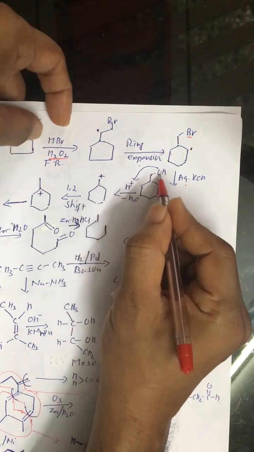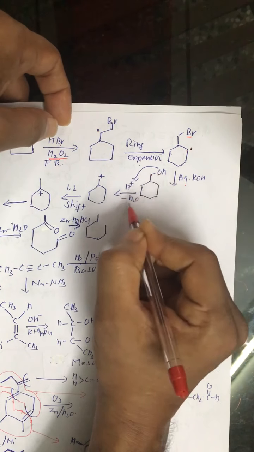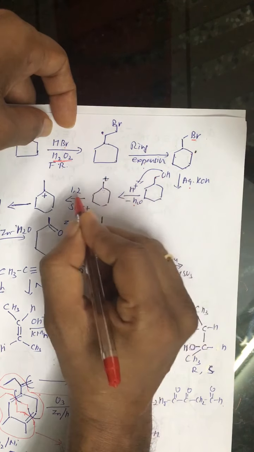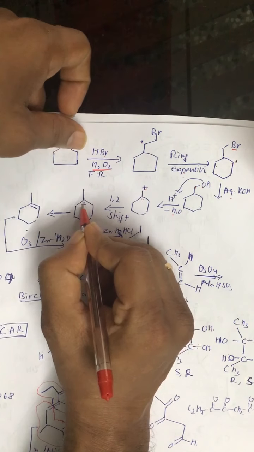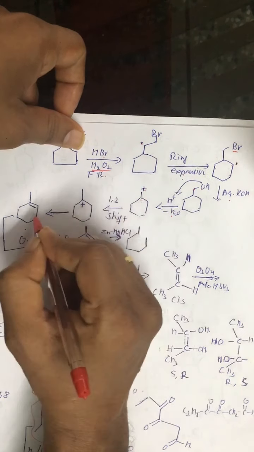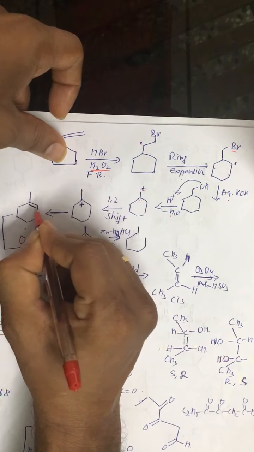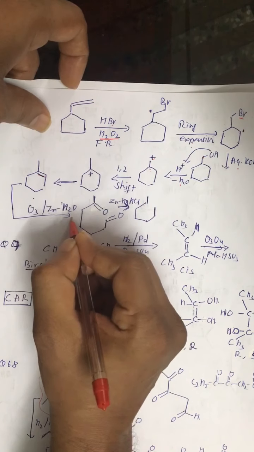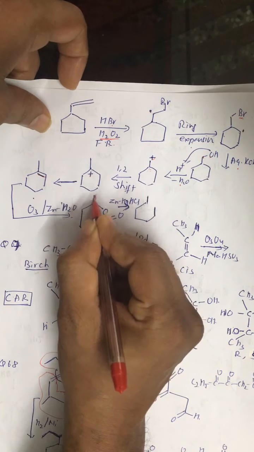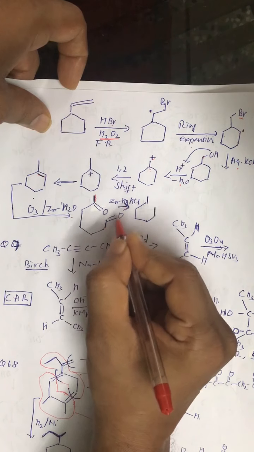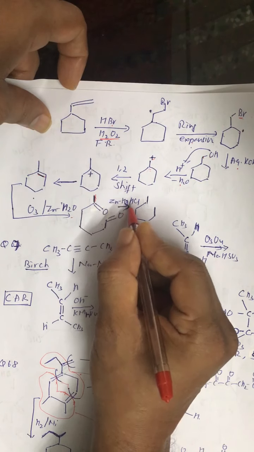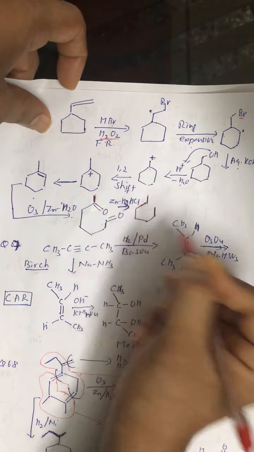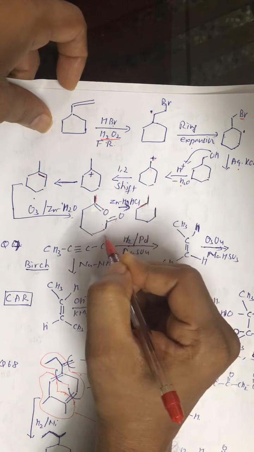In the presence of H positive, this OH is removed as H2O, we get this kind of carbocation, and then again a 1,2 shift, and we get positive charge here, and finally elimination, and we get 1-methyl cyclohexene. And now on ozonolysis we get this product. On treatment with zinc amalgam and HCl, obviously this is a reducer, so CO groups are reduced to CH2 groups.